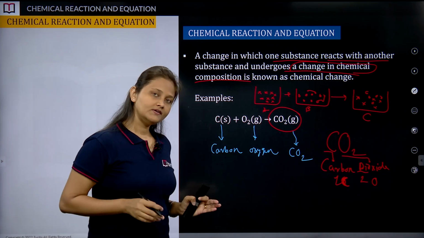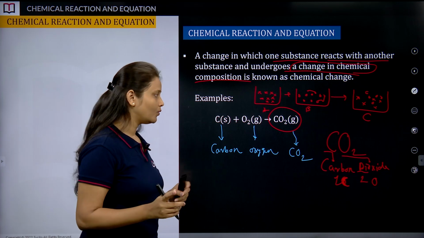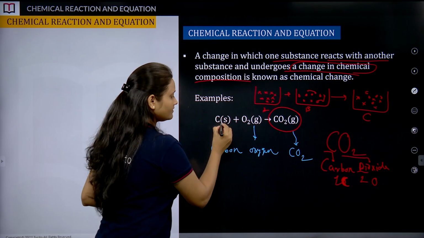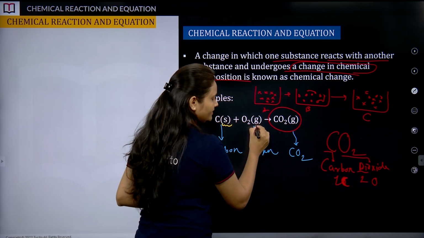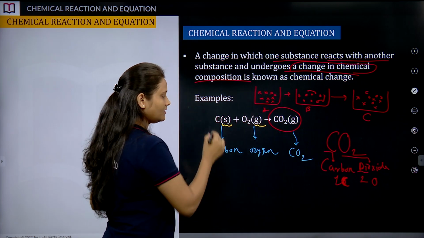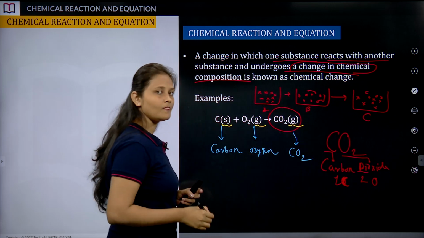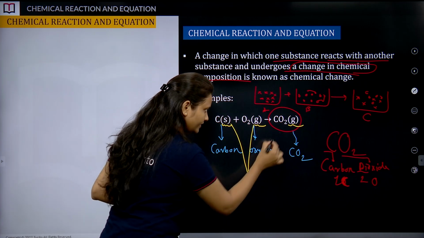Here you need to understand we have taken two different substances. Focus here. Can you all see we have written S and we have written G? C(s) + O2(g) gives CO2(g). So you need to understand whatever we have mentioned here.